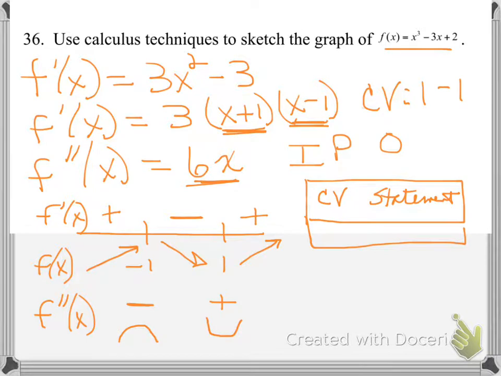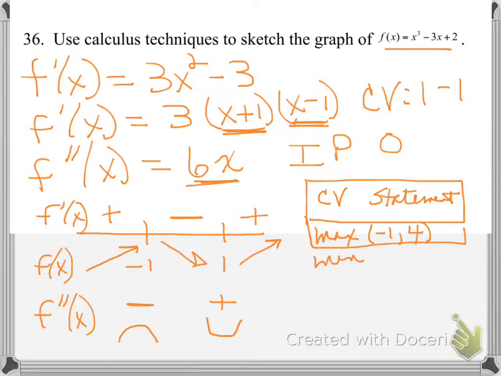If my critical value is -1, I know I have a max there. So where does that happen? -1 comma. Plug in your -1 in the original function and you should get a 4. So just check my math, make sure that that's right.